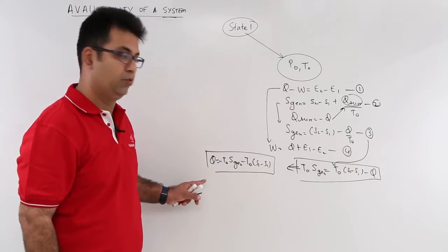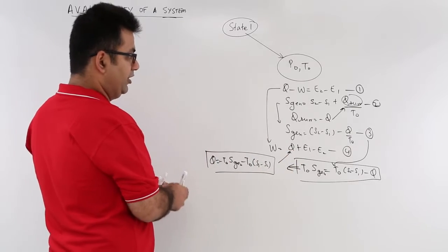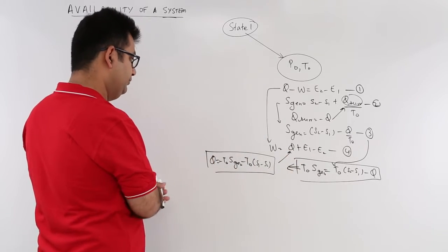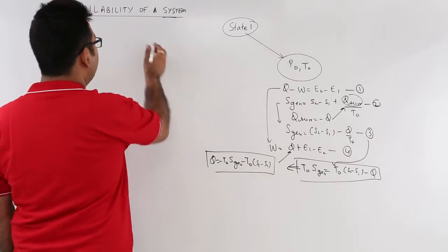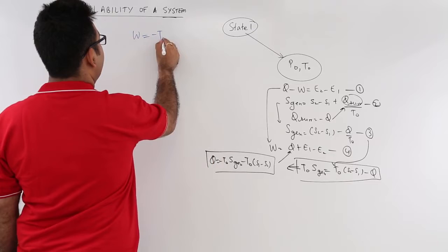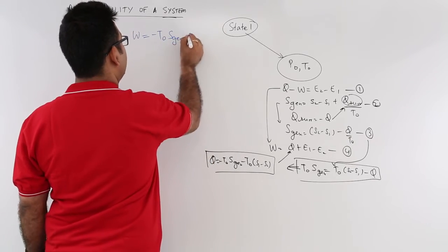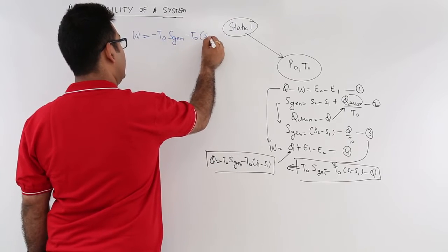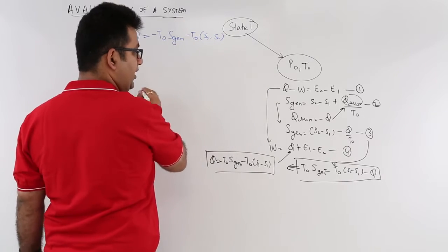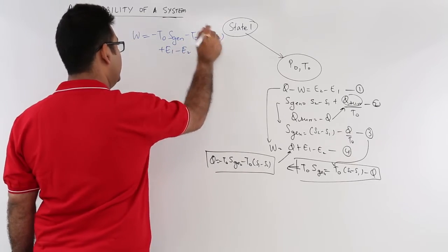So this is the value of Q. Let's put this value over here. After putting that value of Q, the value of W becomes minus T0 S gen minus T0 into S1 minus S2, and then plus E1 minus E2.